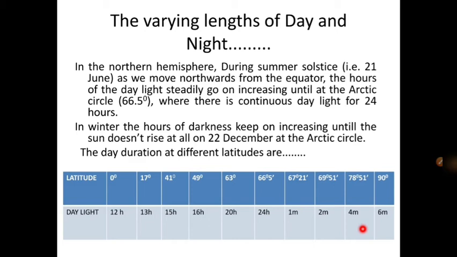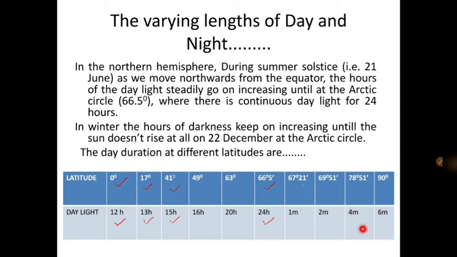The day duration at different latitudes are different. You can see at 0 degree latitude, day duration is 12 hour. Similarly, at 17 it is 13 hour, at 41 it is 15 hour, at 66.5 degree it is 24 hour. But after this, as we move, the duration of daylight increases.